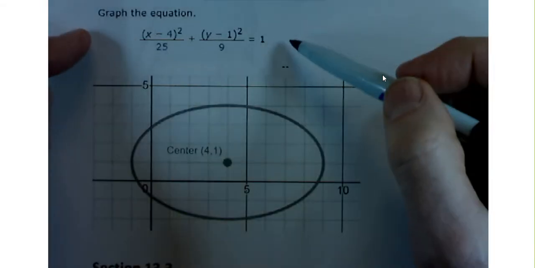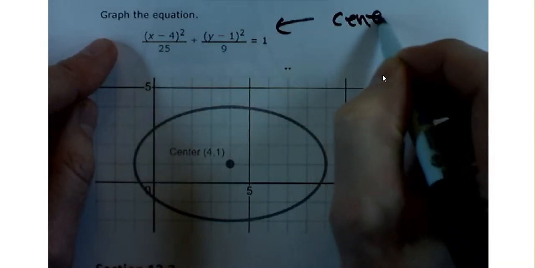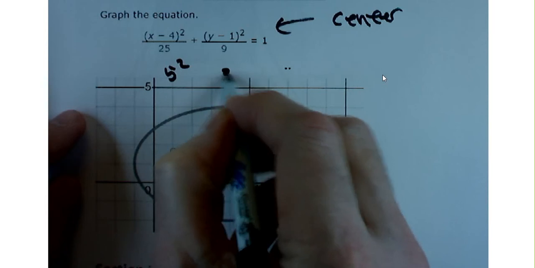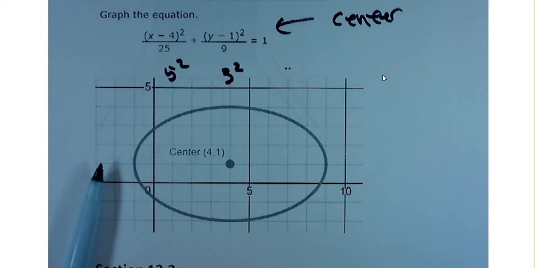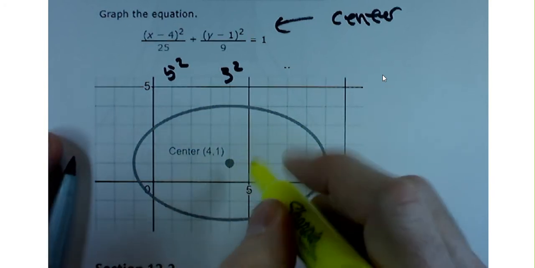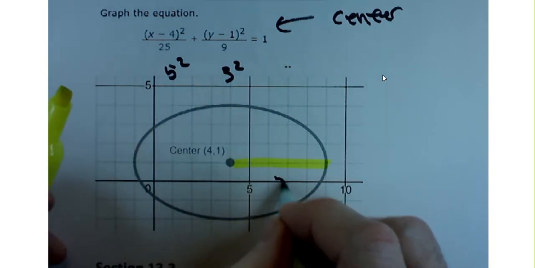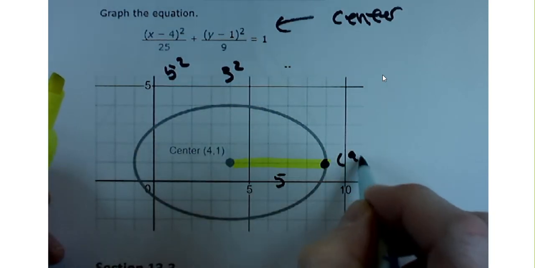Here's one, you're asked to graph this equation. You should first start by finding the center, and then realize that that's a 5 squared and that's a 3 squared. In the x direction, I'm going to move a distance of 5. So I'm going to start out at the center and move 5 to the right. And that's going to put me at the point 9 and 1.